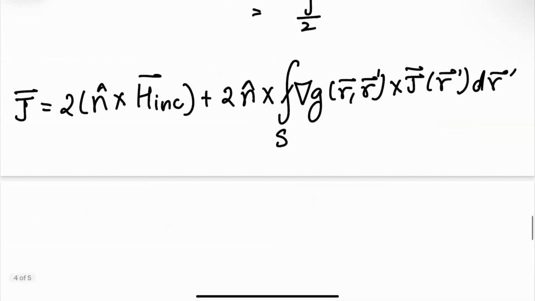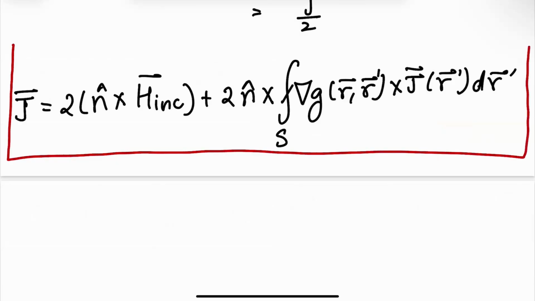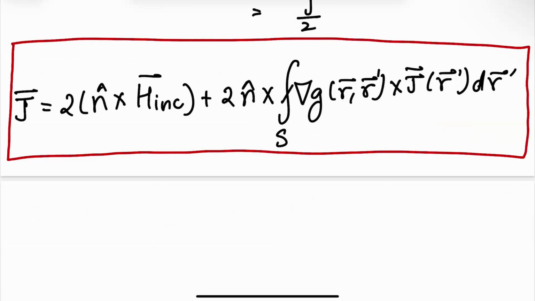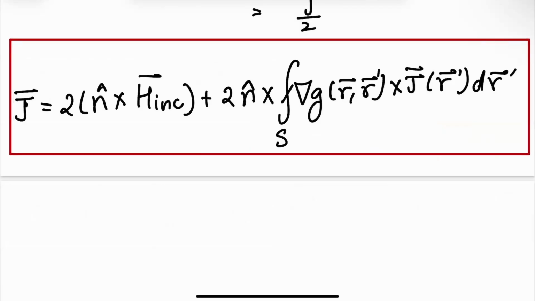Why is that? Because this is now your integral equation without any singularities. The singularity in this integral has been removed, and that gave us another component which was moved to this side and essentially brought this factor of 2 everywhere.